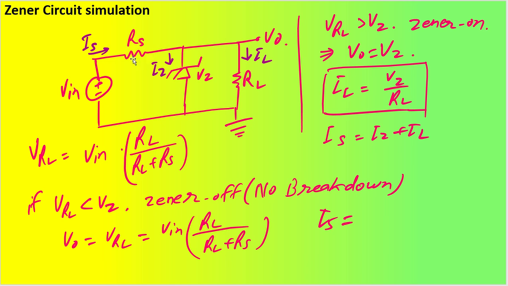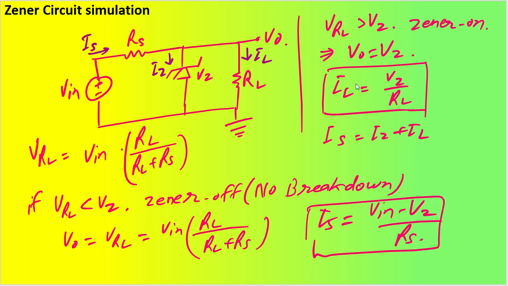Is, the source current, will be equal to input voltage minus Vz divided by Rs. So this is the way you have found out your IL, your Is, and this is how Iz will also be found out. So why don't we do some simulation and then we'll see what is happening.